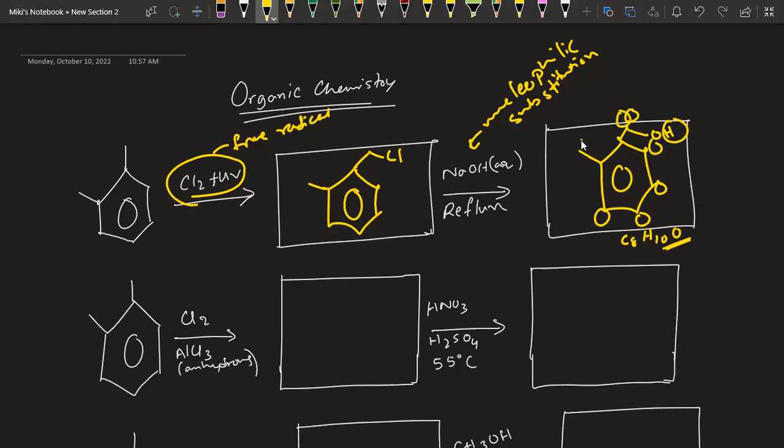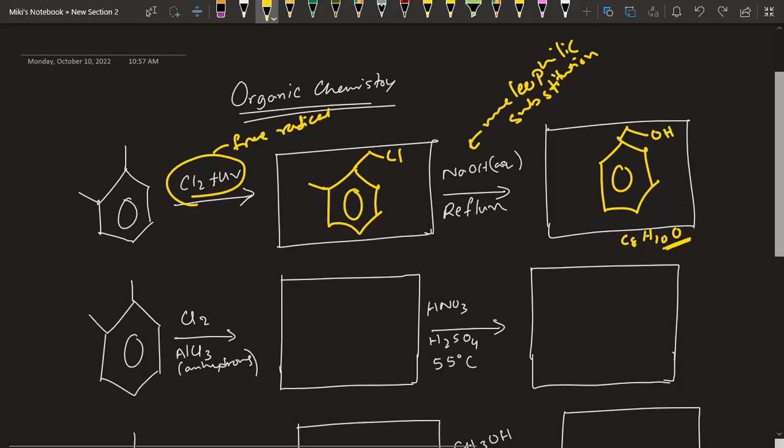And over here we have 3 more hydrogens, 7, 8, 9. Wait, should it be H10 or H9? I gave it just as an assumption. Let me recount, 1 to 10. Sorry, it is 10 actually. So we have 10 hydrogens here and 1 oxygen. That means it matches the criteria.